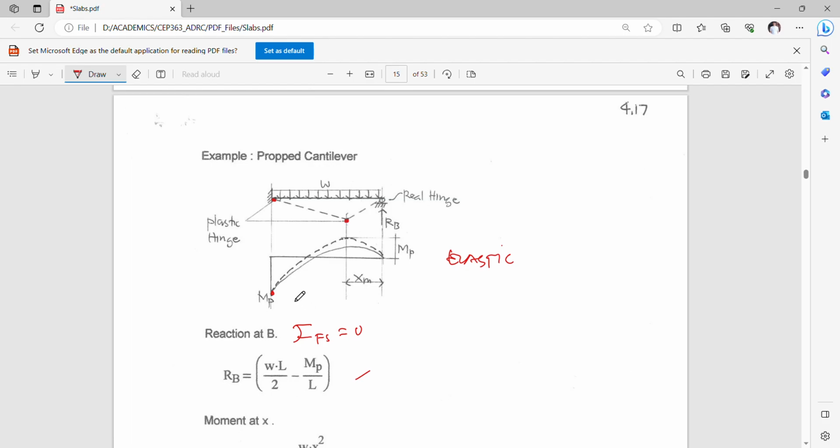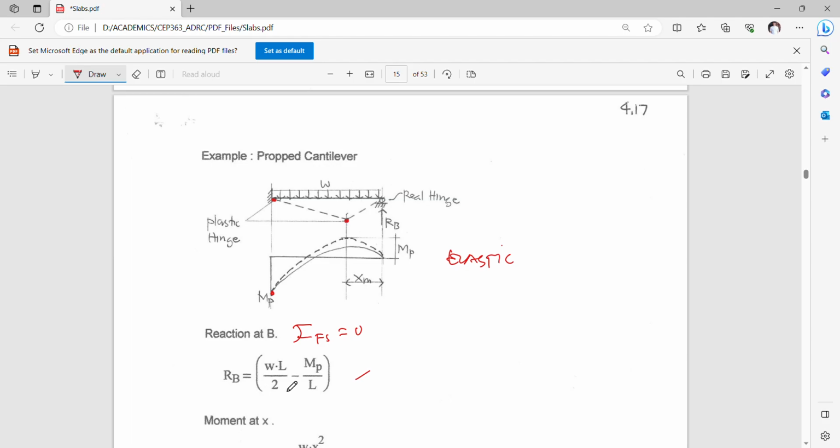Okay, so this will be Mp over the length, and then WL over 2, multiplied by L over 2. And of course, this is RB L.